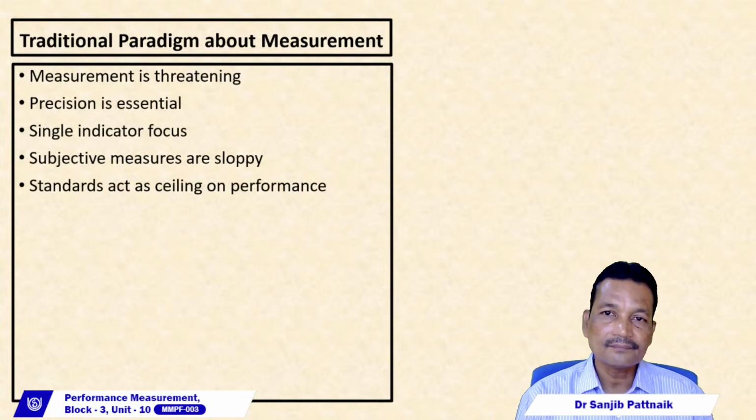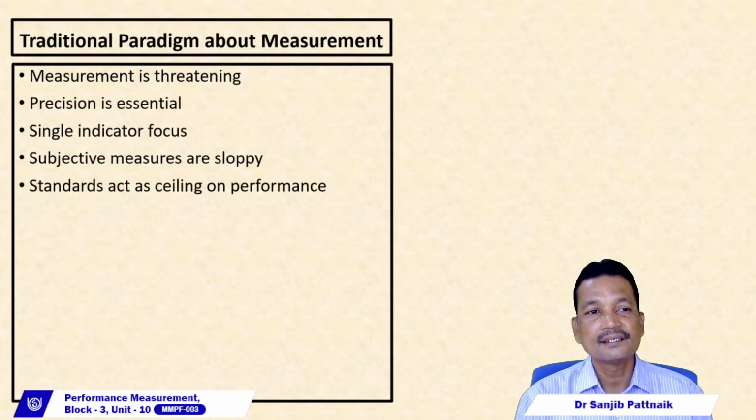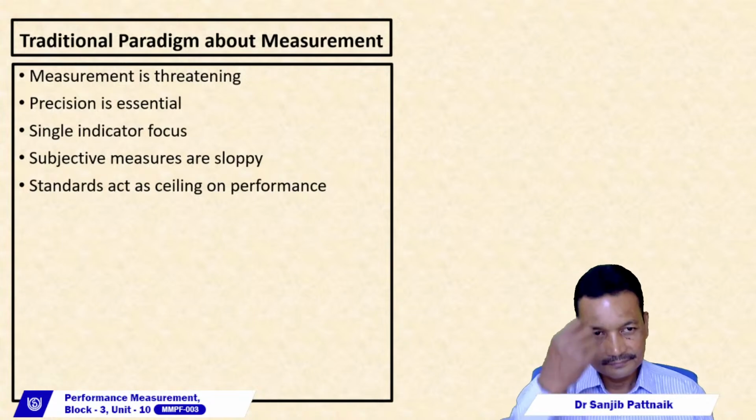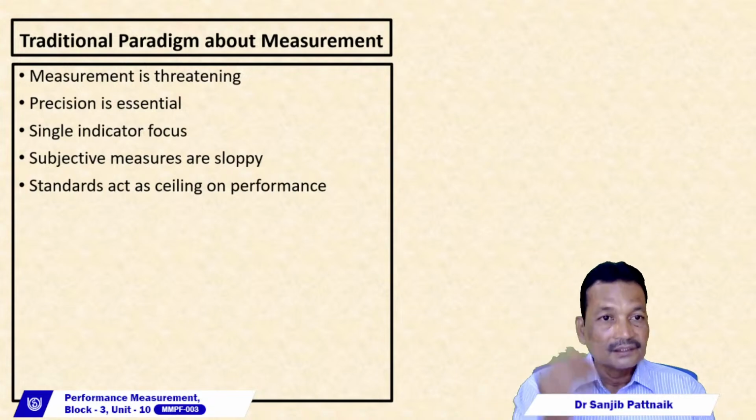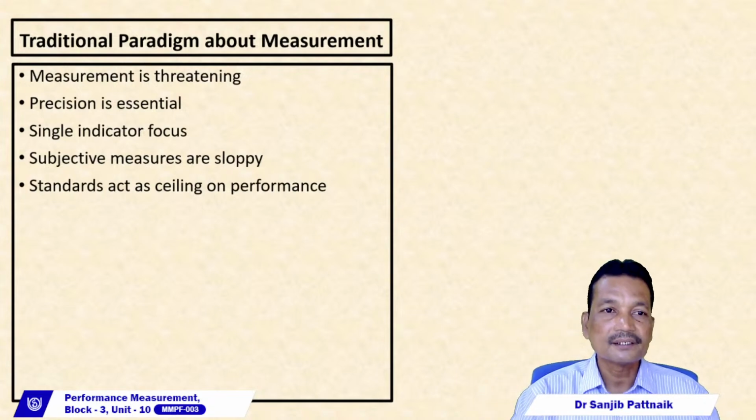Now, why threatening? Measurement may put in the mind of workers that if the performance is not up to the mark, the worker may face the consequences. So they think that measurement is threatening. The second viewpoint of the paradigm about measurement was that precision is essential.